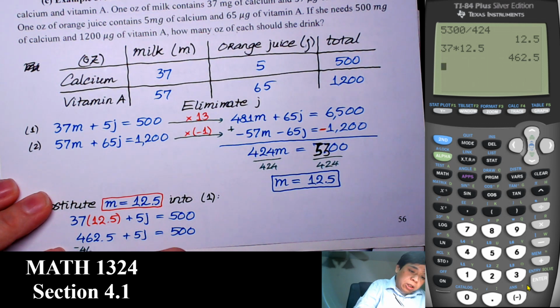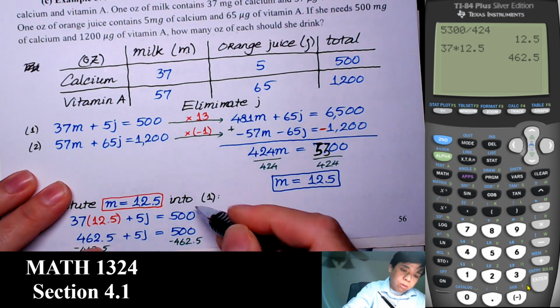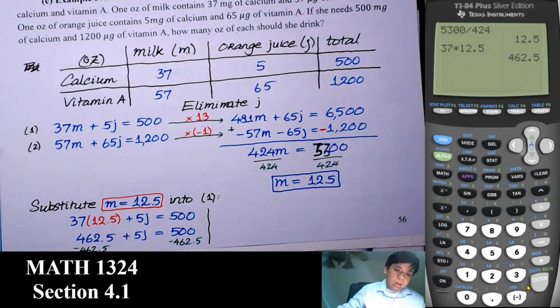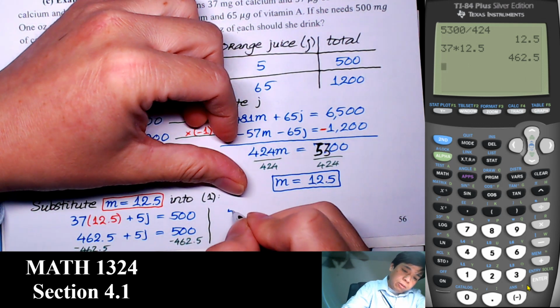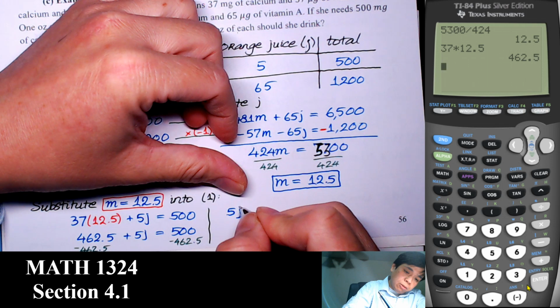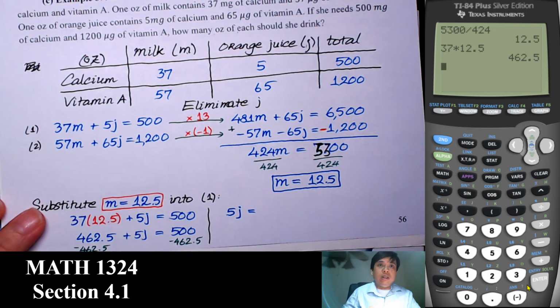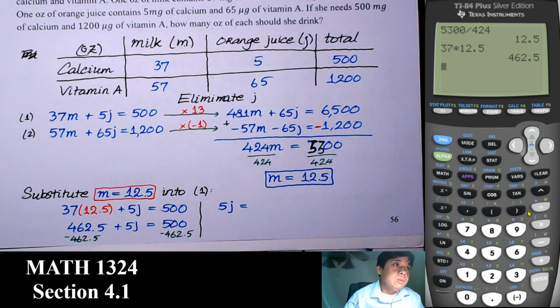Minus 462.5, so we have 5j equal to 37.5.